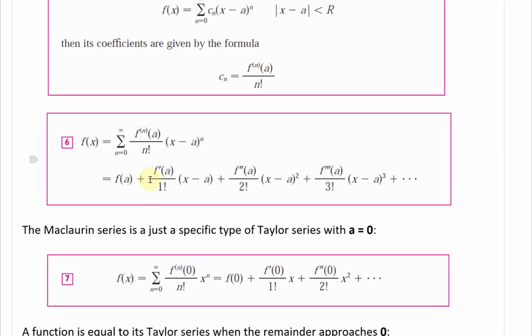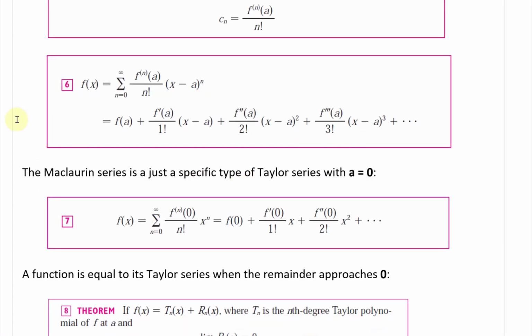Expanded out, you have f of a plus f prime of a divided by 1 times x minus a, then the second derivative at a divided by 2 factorial times x minus a squared, then the third one, and so on.